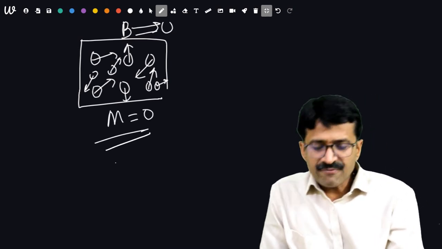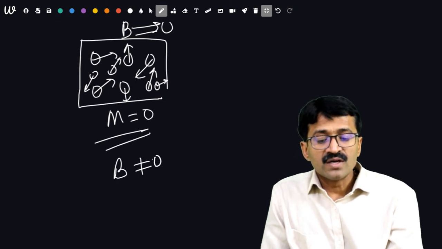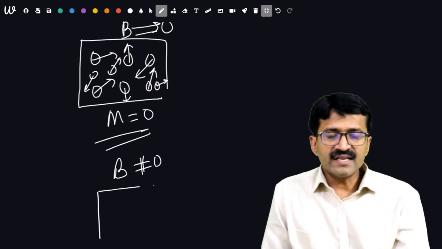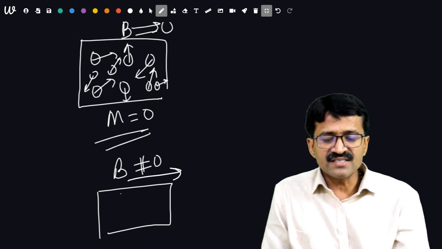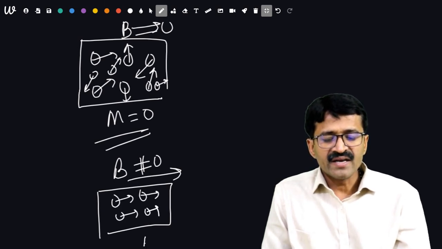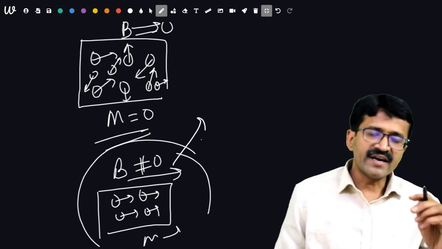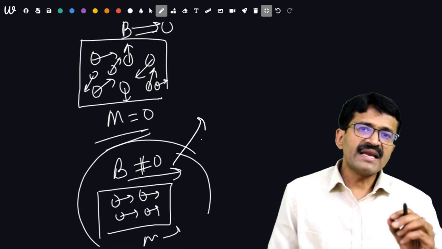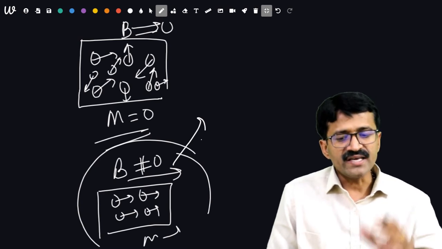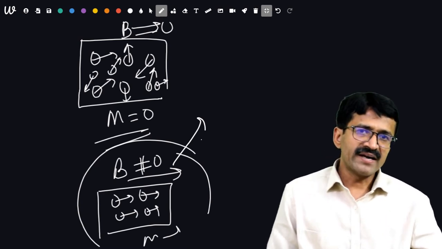Random arrangement. If B is not equal to 0, then students, listen, these will get arranged along the direction of B and give a magnetic moment along the direction of B, and doing so, these materials have a tendency to remain in that direction only. So this is about paramagnetic materials.